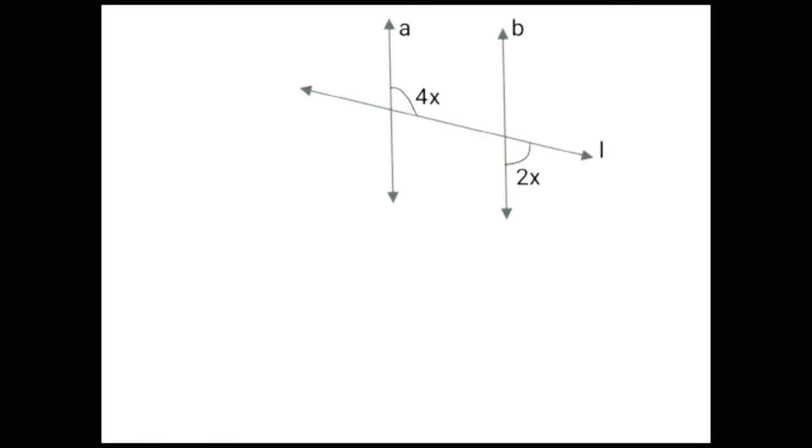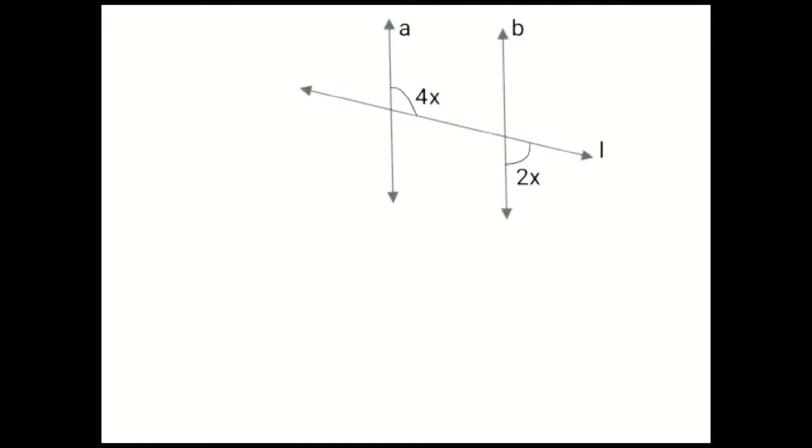I'll tell you the meaning of supplementary pair. If this is an acute angle and this is an obtuse angle, both angles combined together are a supplementary pair, which means linear pair. If the acute angle measures 50 degree, the obtuse angle should measure 130 degree. 130 degree plus 50 degree is 180 degree.